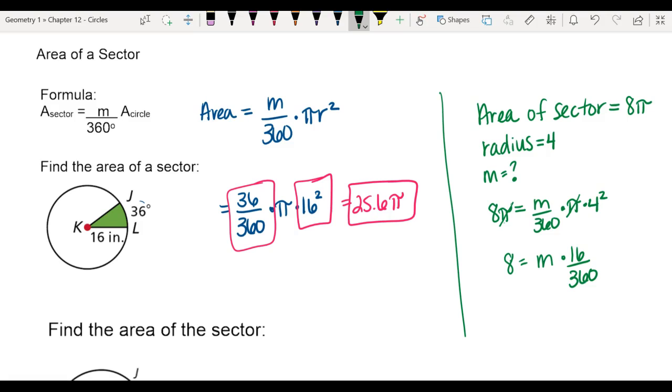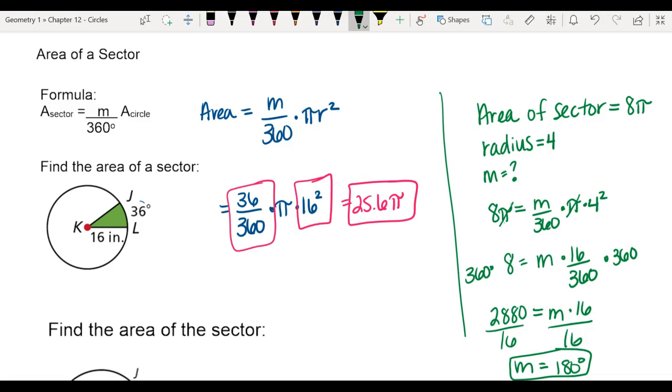What do I need to multiply each side by? 360. Eight times 360 is 2,880 equals m times 16, and then you would divide by 16 to get 180 degrees. Okay?